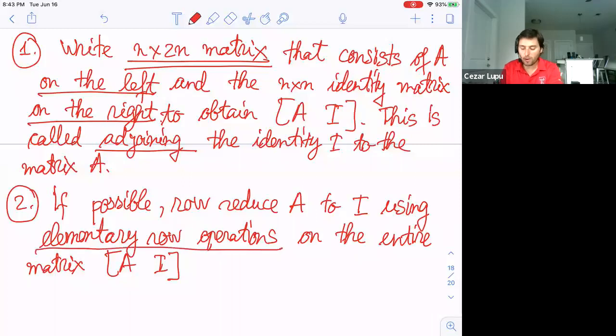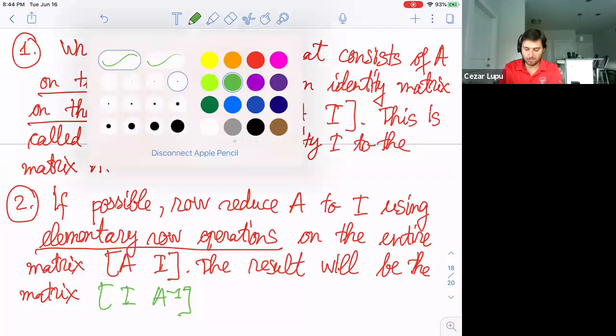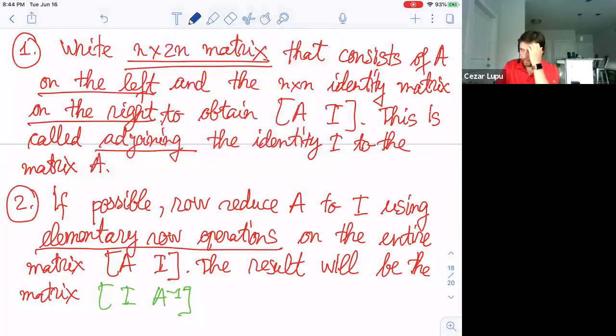I'm going to apply elementary row operations on this matrix A | I. And the result will be the matrix, and let me write here with a different color, identity, and here I'll have the A inverse. That's the amazing thing, right?